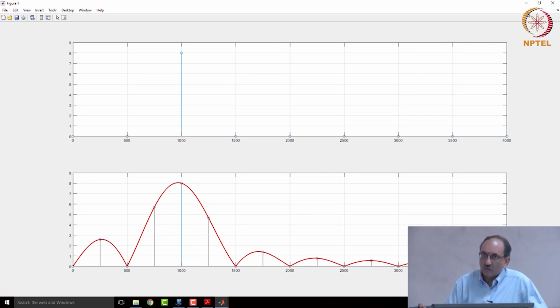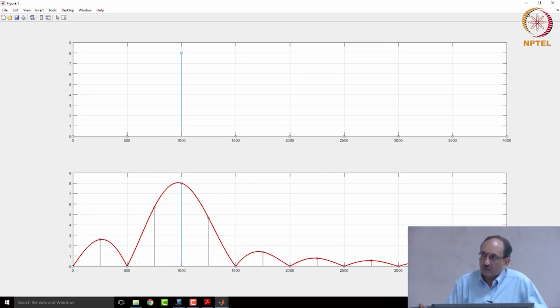Remember, what is the frequency of the underlying sequence? It is 1 kilohertz. And if you had an infinite duration sinusoid of frequency 1 kilohertz, you would expect an impulse at 1 kilohertz.